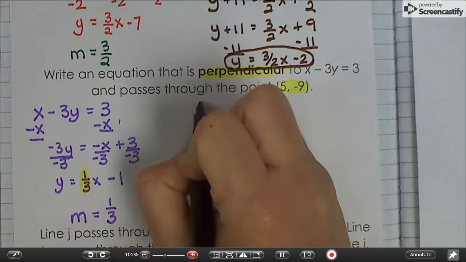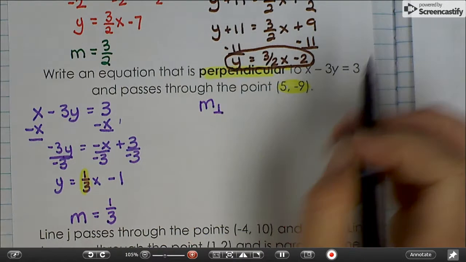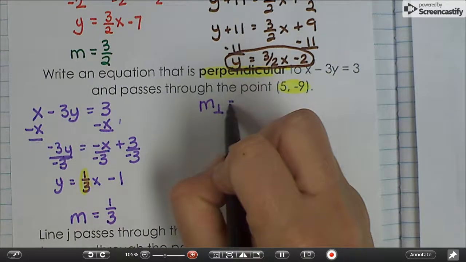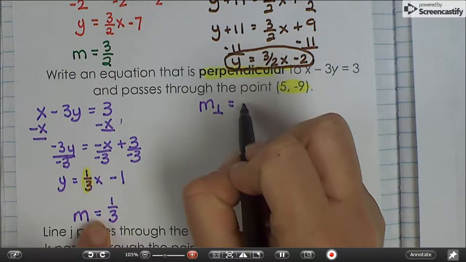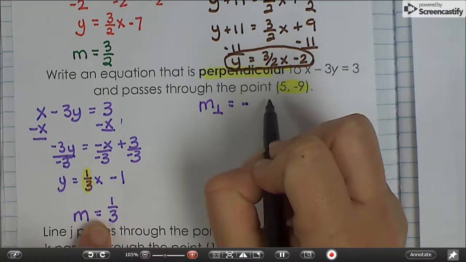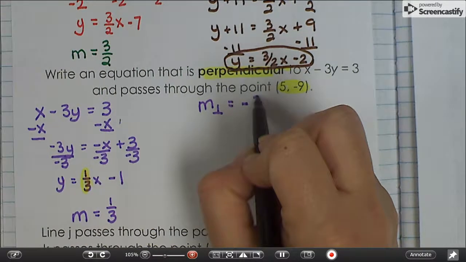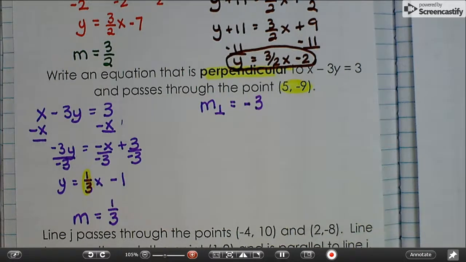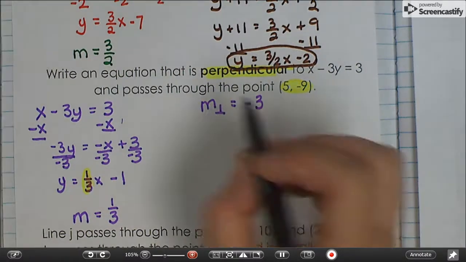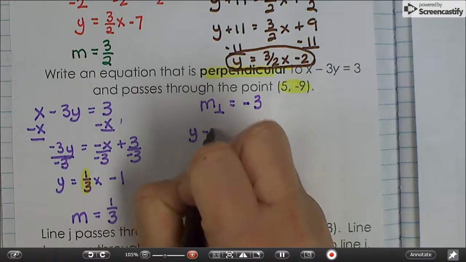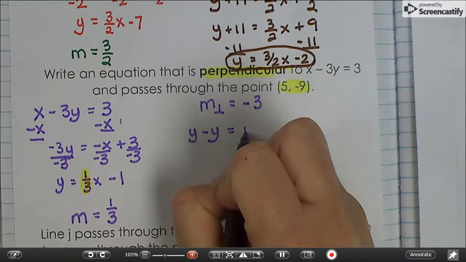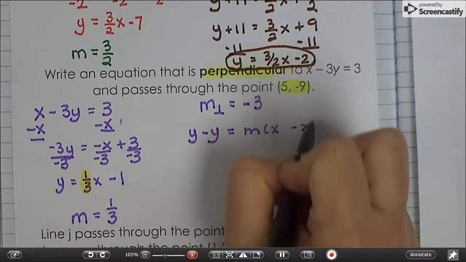We're going with perpendicular, so the new slope is going to be the opposite. This was positive, so we're going to do negative. And then reciprocal, which means flip it. So 3/1, but I'm just going to write 3 because it's the same thing. Step 4 was write y minus y equals m times x minus x.